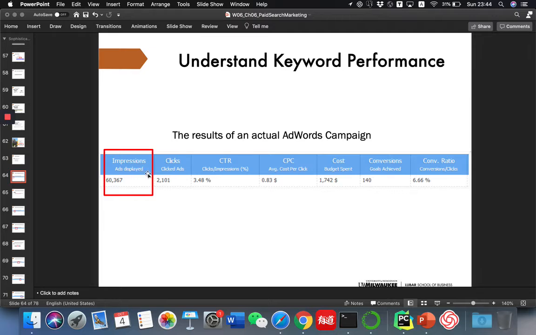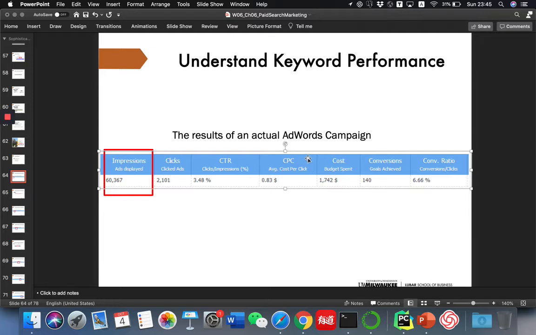The number of impressions means how many times the ads are displayed. The number of clicks is how many clicks the searchers make on the ad. CTR, click-through rate, is the percentage calculated by the number of clicks divided by the number of impressions.